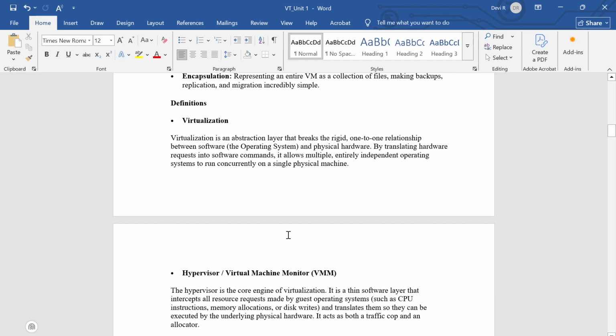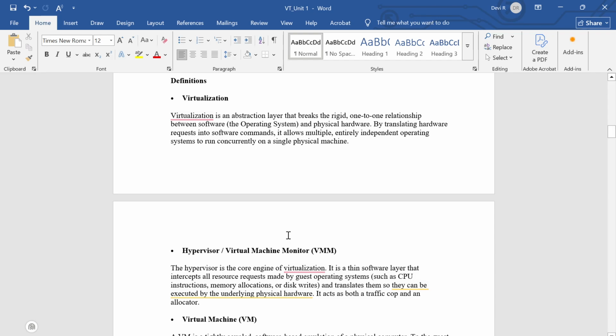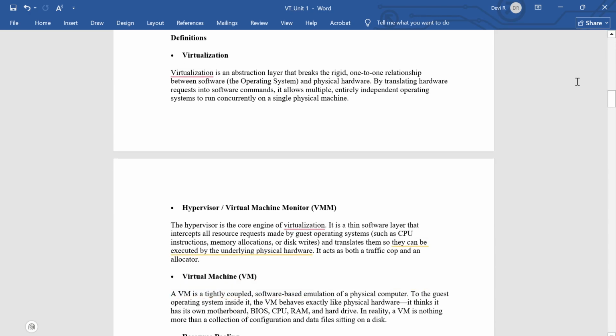Next we will see a few definitions of virtualization. Virtualization is an abstraction layer that breaks the rigid one-to-one relationship between software and hardware, which I have already discussed with you. In a traditional system, the physical server has a one-to-one relationship between the software and the physical hardware.